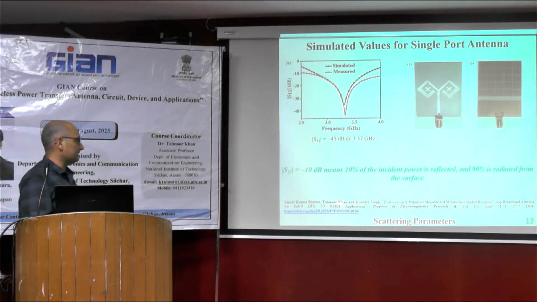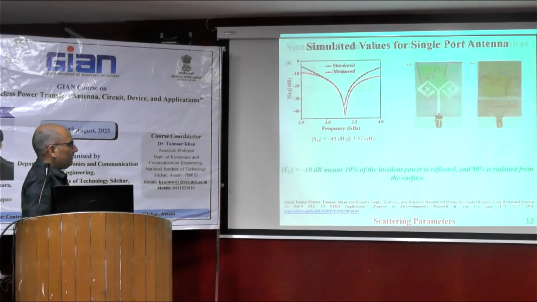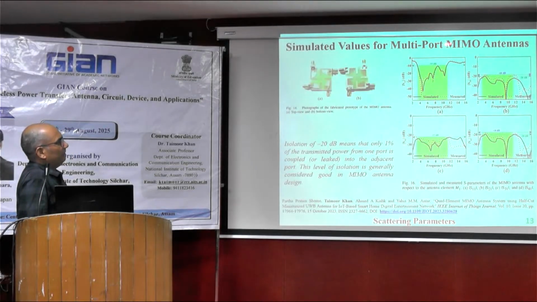Like S11 equal to minus 10 dB means 10% in linear scale, so 10% of the incident power is reflected and 90% is radiated from one port to the other way. That other way means multi-port MIMO systems. Then you can think about minus 10 dB S11 values, S21, S31, S41, something like that.